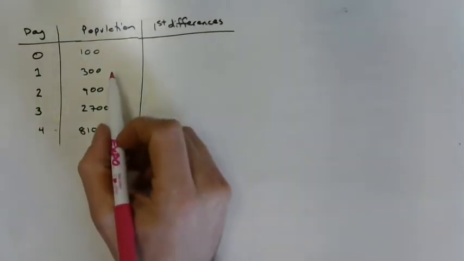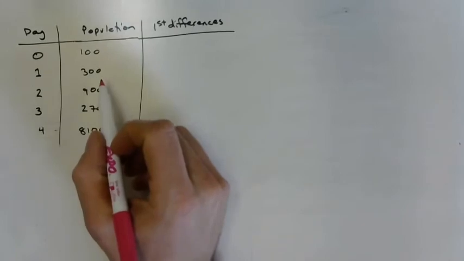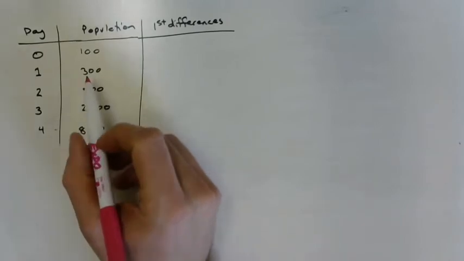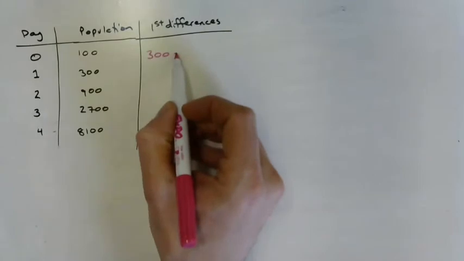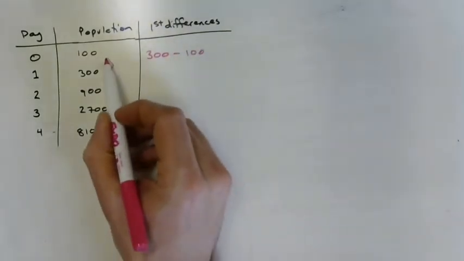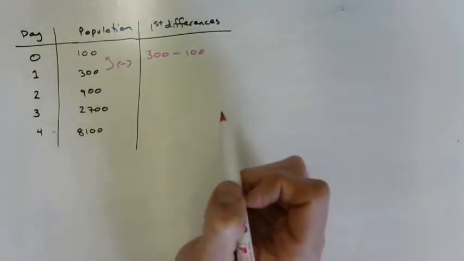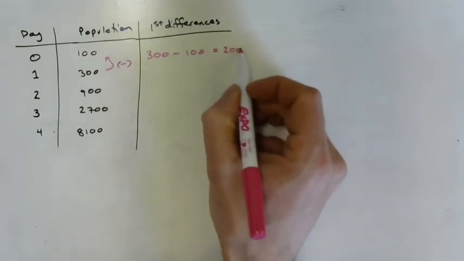Okay, so you simply, it's y2 minus y1. We take 300 minus 100, so you're working up and you're subtracting. So that's 200.